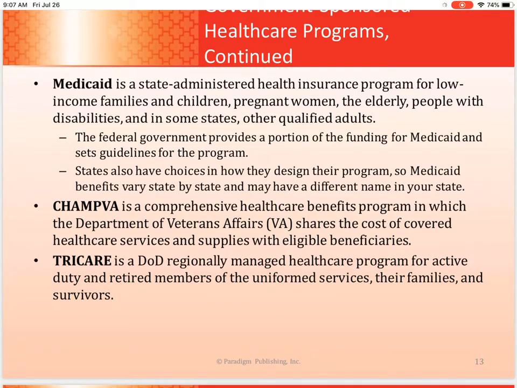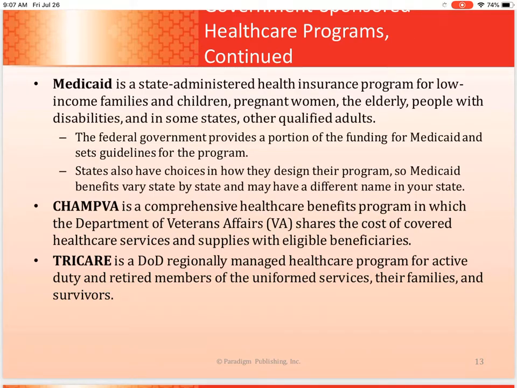Now, one thing to remember about Medicaid is we usually say it is a state-funded program, but I want you to remember that Medicaid is also federally funded, so it's kind of one of those hybrid things because it says that the federal government provides a portion of the funding for Medicaid and sets the guidelines for the program.